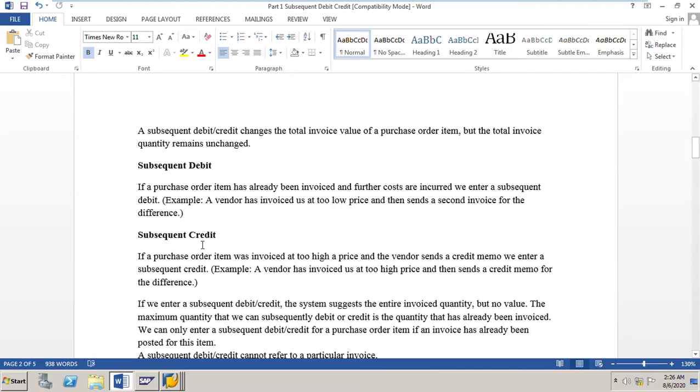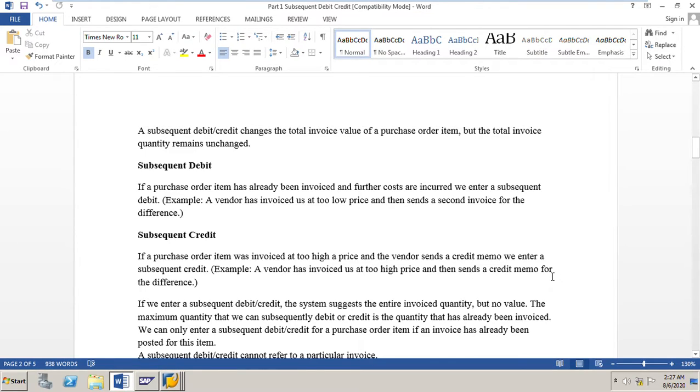Next, subsequent credit. What is a subsequent credit? If a purchase order item was invoiced at too high a price and the vendor sends a credit memo, then we enter a subsequent credit. Example, a vendor has invoiced us at too high a price and then sends a credit memo for the difference.